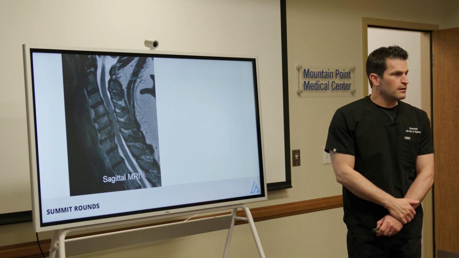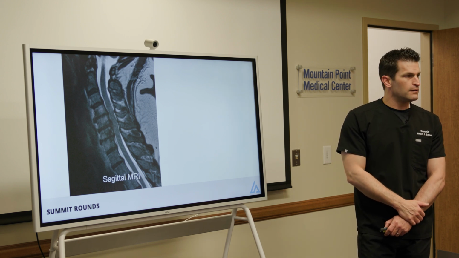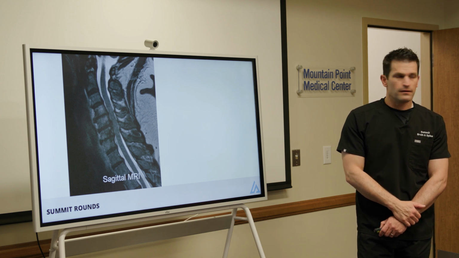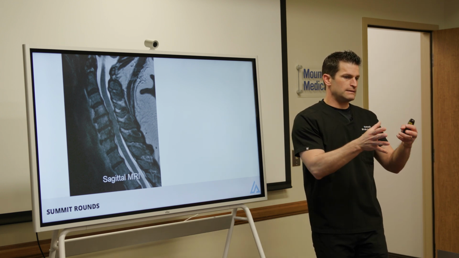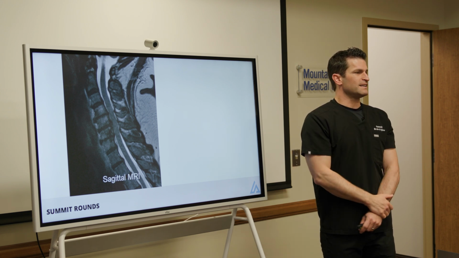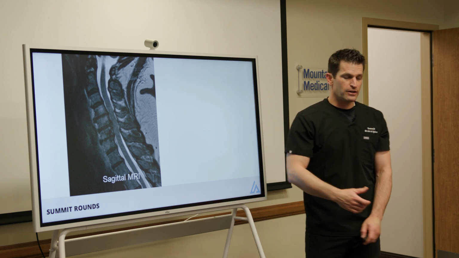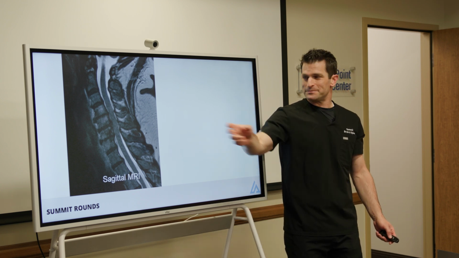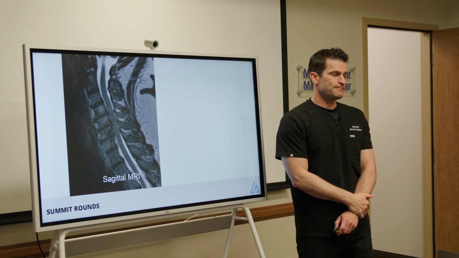You're having it from the posterior side with the facet joints, and the discs on the anterior side. Each segment's diseased with some arthritic changes on both sides, and we run into that sometimes because maybe you can approach this from one direction, but occasionally you have to go in from both to get the spinal cord completely freed up.